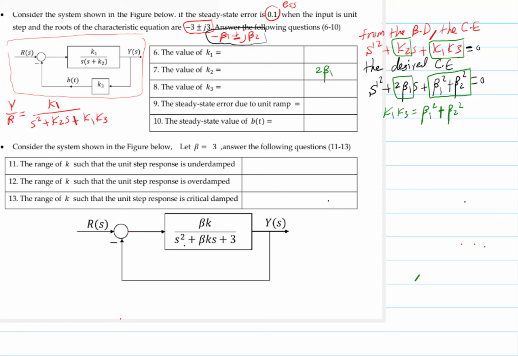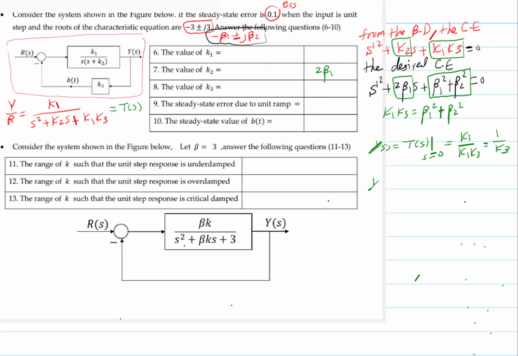So we need another equation to find either k1 or k3, and this can be done from the y steady state. The y steady state due to step input is equal to T of s at s equal to 0, which is the DC gain. T of s equals k1 over k1 k3, so this will equal 1 over k3.